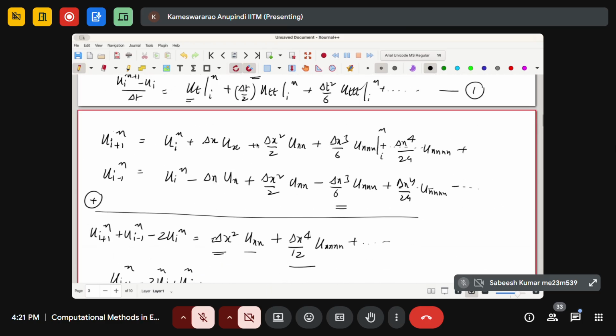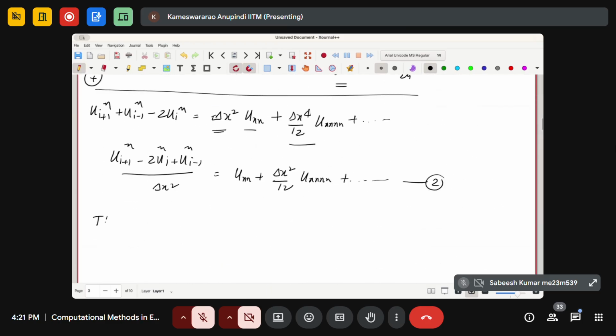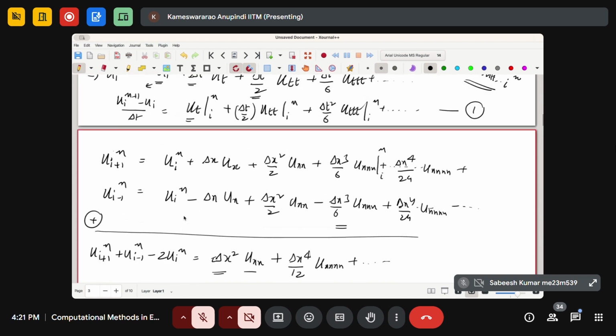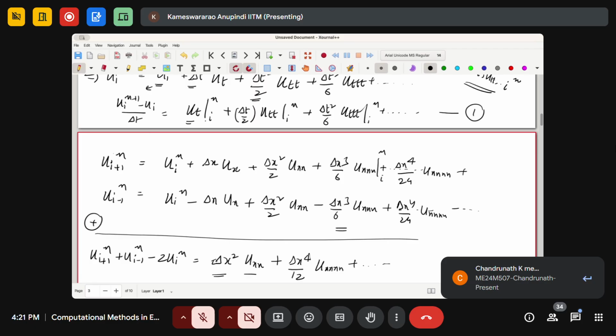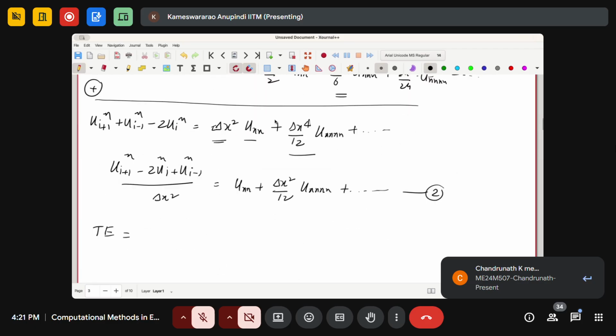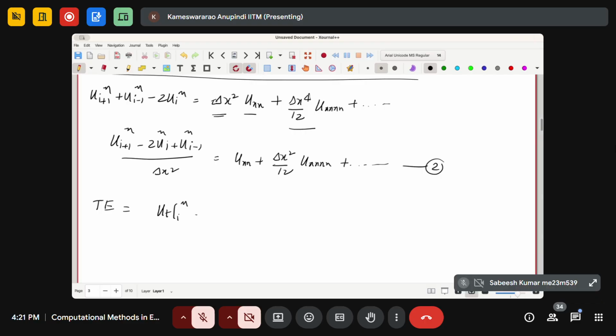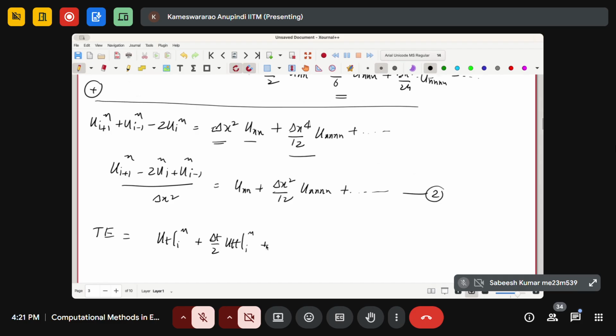Okay, so my truncation error is now going to be, from the first equation, I'm going to substitute: u_t plus delta t by 2 u_tt. So this is u_t at i comma n plus delta t by 2 u_tt at i comma n. I'm not writing this i comma n, we realize that it is basically there.